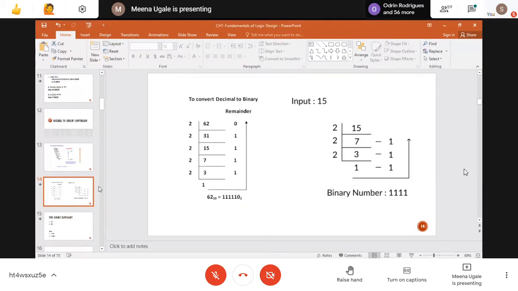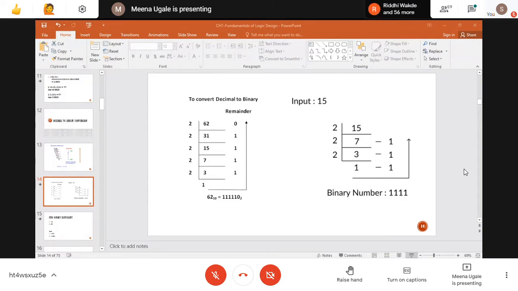Similarly, now we go to the next slide. The next number I have is 62. Divide by 2, I am getting 31 as a quotient. Remainder will be 0. Again divide by 2, I am getting 15 as a quotient. Remainder is 1.